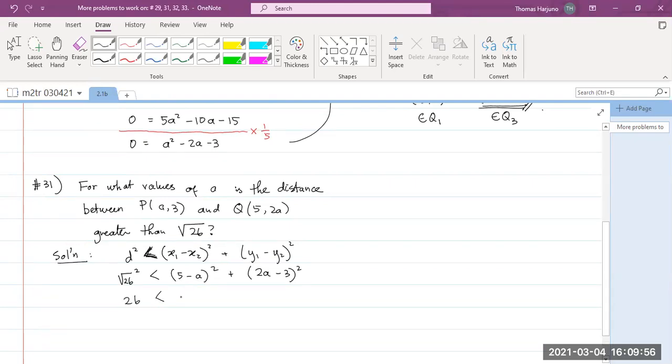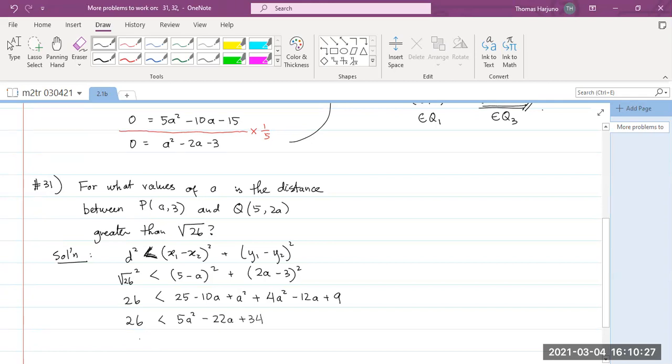On the right hand side, I will FOIL. 25 minus 10a plus a squared plus 4a squared minus 12a plus 9. So 26 is less than 5a squared minus 22a plus 34.